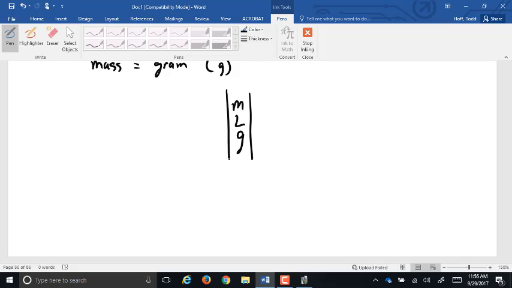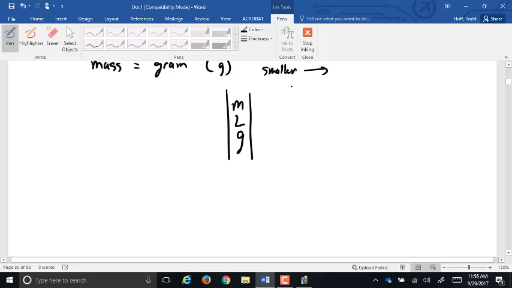If we want to measure something smaller than a meter or a liter or a gram, they used prefixes. The prefix deci meant 1/10. So a decimeter or deciliter or decigram was 1/10 of that unit.